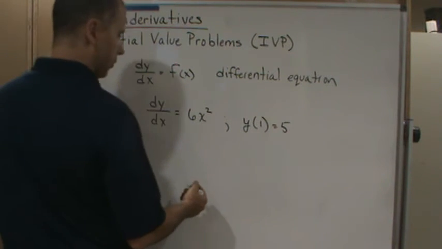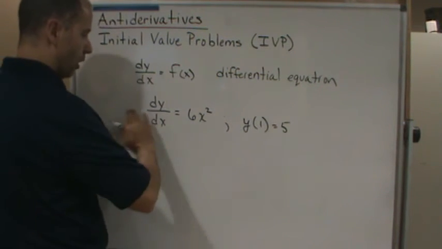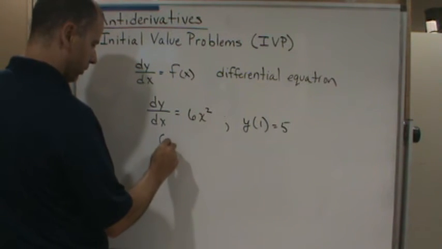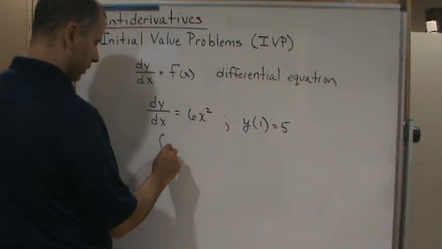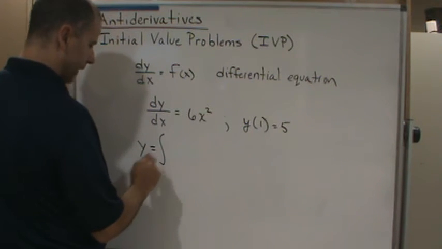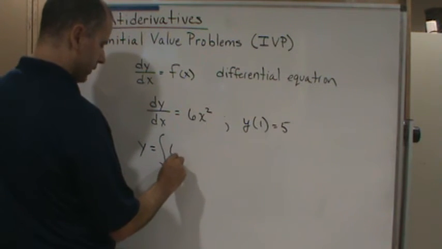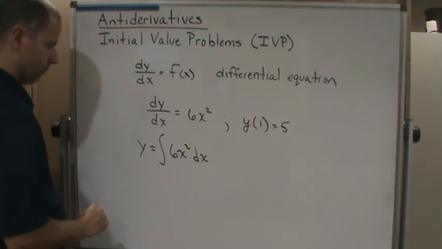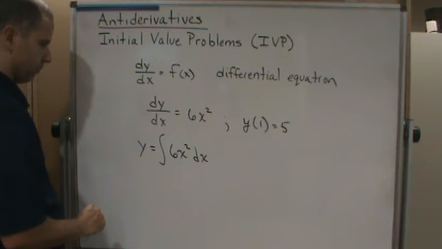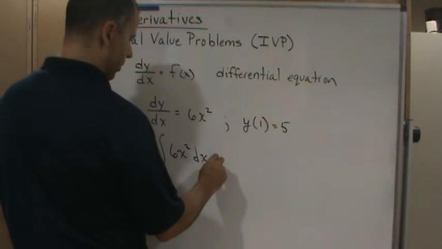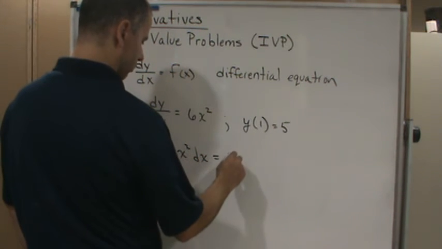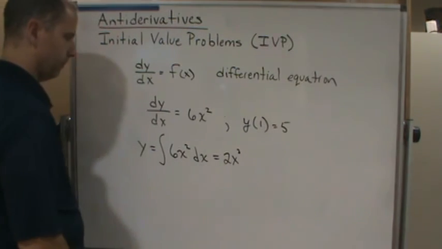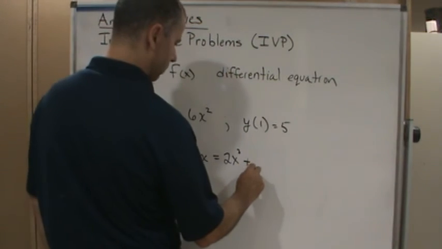So now what we're going to do is we're going to solve for the differential equation like we did before. So y equals the integral of 6x squared dx, and so that's going to equal 2x cubed, okay, plus c.